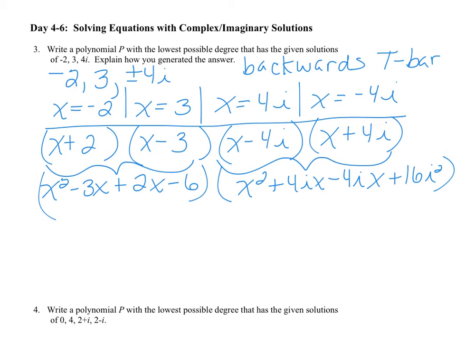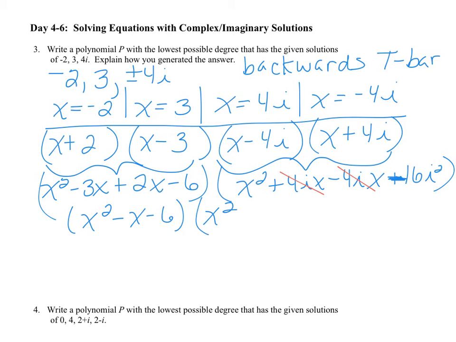I'm going to neaten up the first set and get x squared minus x minus 6. And the second set, I'm going to get x squared. The 4ix's cancel out. And I have, whoops, this should have been a negative, not a positive.